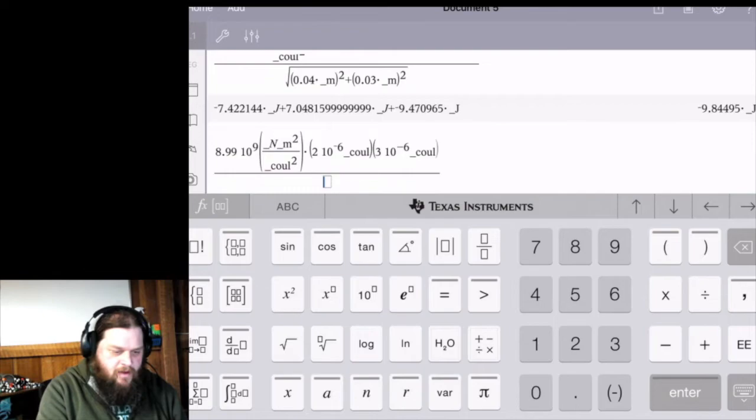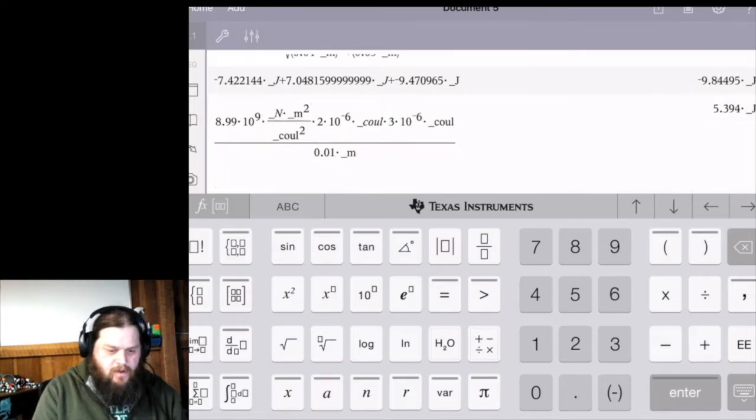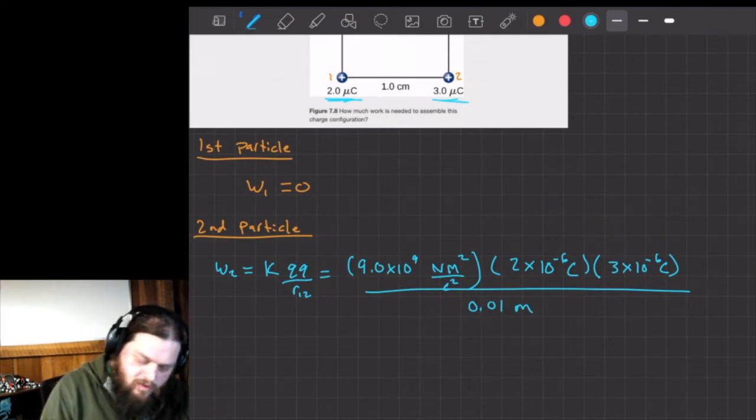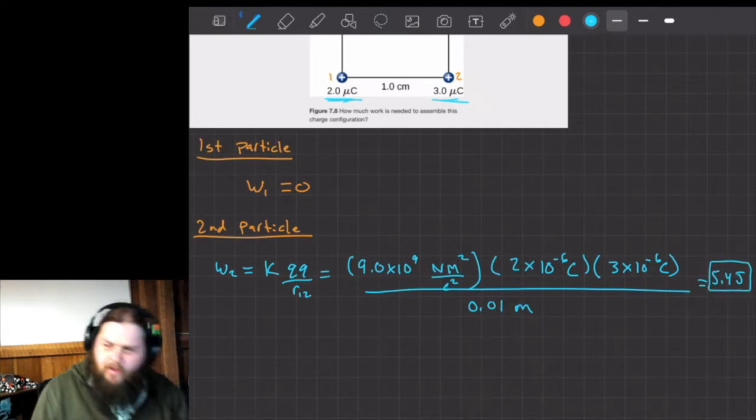And we're going to divide that whole value by 0.01 meters. We get 5.4 joules. And that's just the work it takes to put that second particle there with just the first particle nearby.